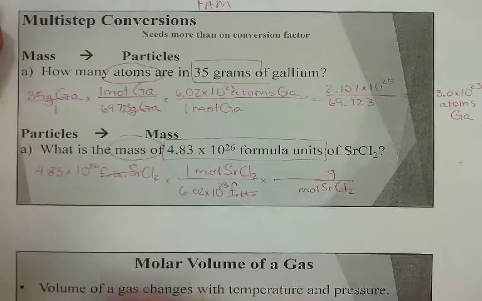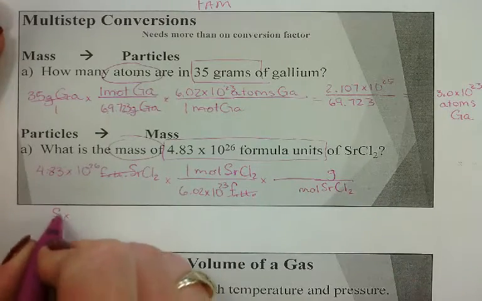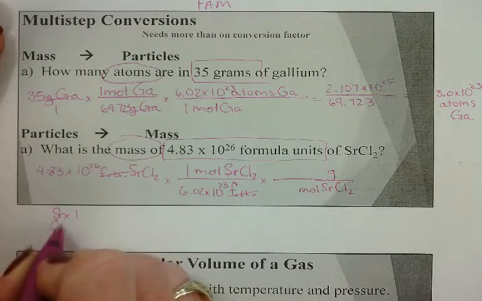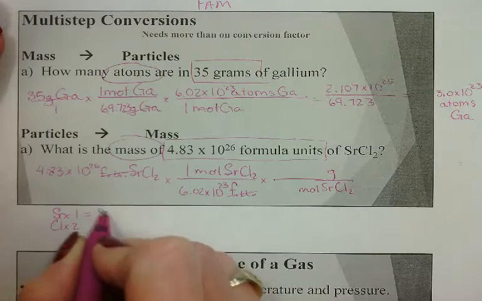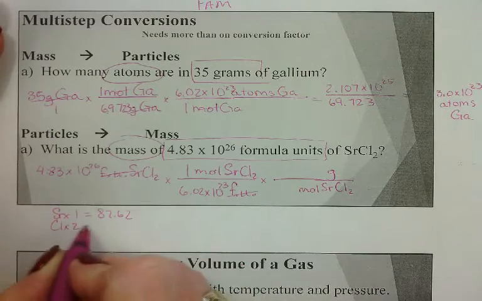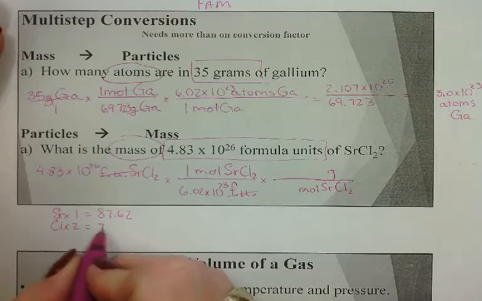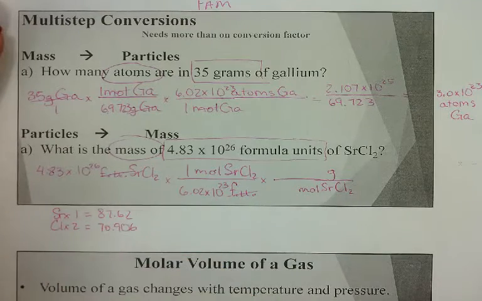So let's see, strontium times 1, and then chlorine times 2. Strontium's molar mass is 87.62, and 2 chlorines, 70.906. Use your calculator, use your periodic table. You have not memorized these. I may have, but you have not.